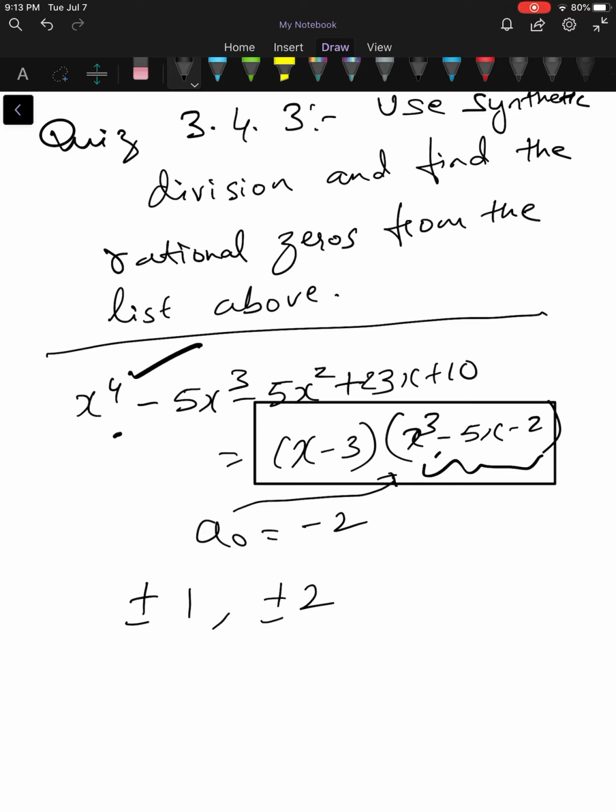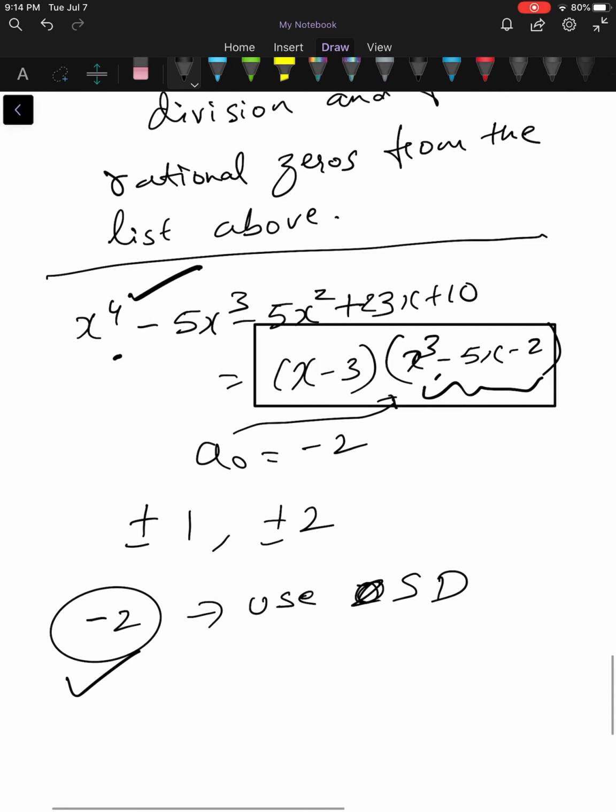So the remaining candidates are -1 and -2. So we have to see that -2 is a 0. You do it again using synthetic division. I write synthetic division as SD to find out that -2 is a 0.